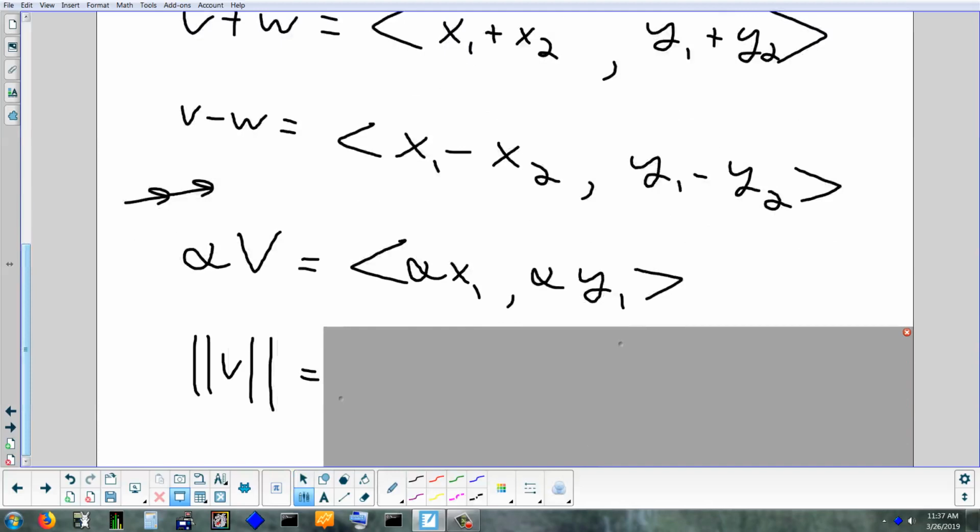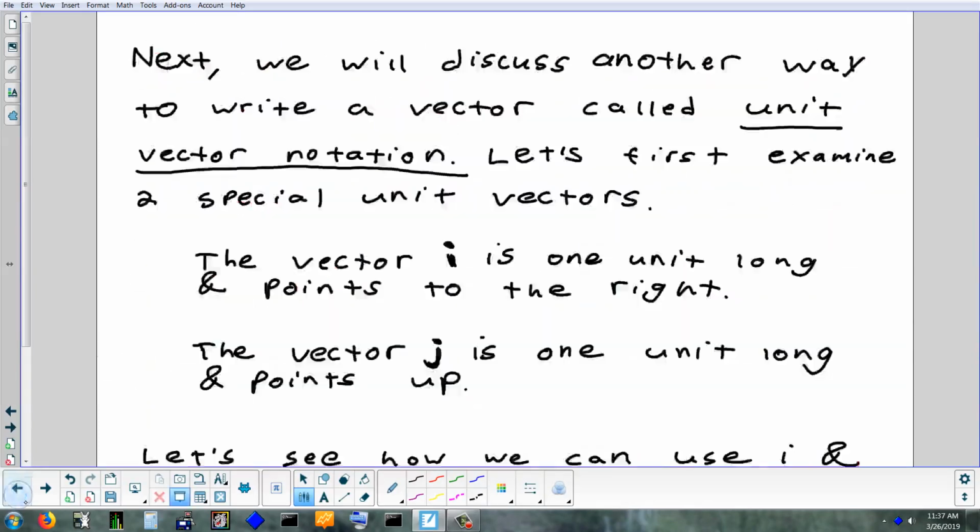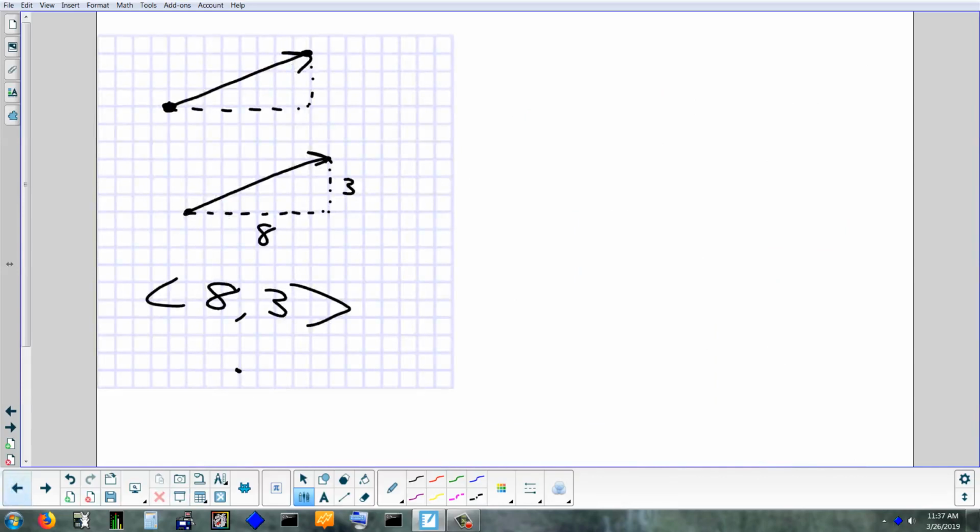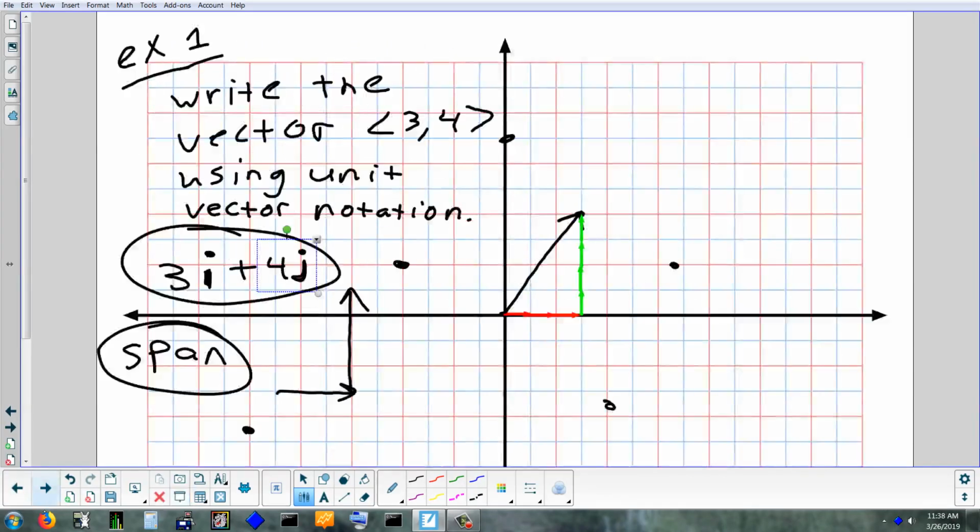Yeah, and we did it right here. If you wanted to know the length of this vector in black, make a right triangle, take the horizontal component, square it, the vertical component, square it, add them up and take the square root. So you just do the Pythagorean theorem.